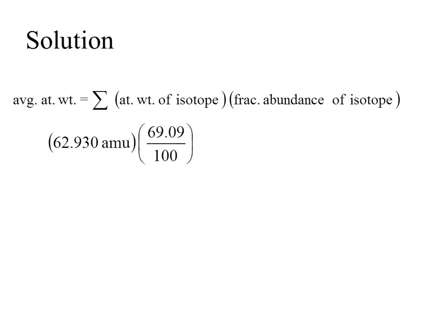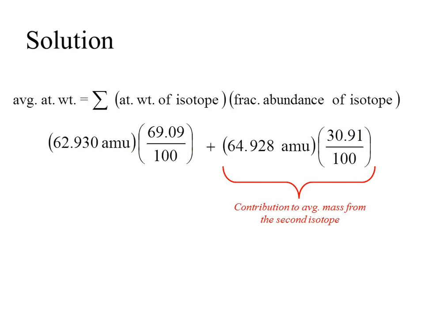So ready to apply the sigma or the summation part. We're only going to have 2 terms because there's only 2 isotopic forms. So turning our attention to the heavier one, the mass was 64.928 AMUs, and its percent abundance was 30.91. So to get to fractional abundance, we divide that by 100.